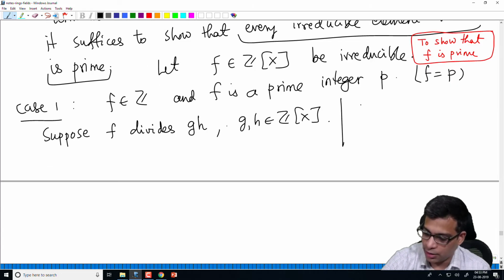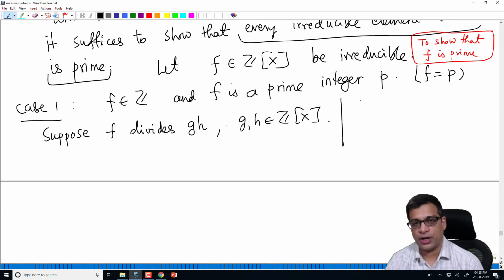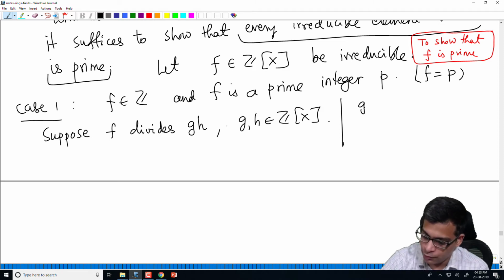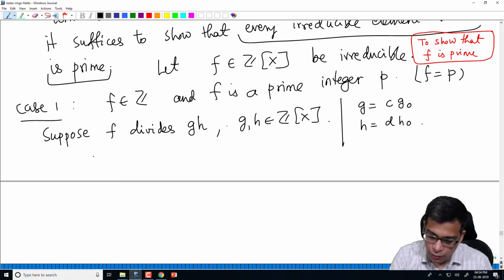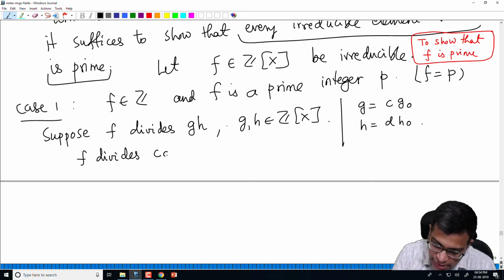Now, using again the big tool for us, that every polynomial can be written as a content times a primitive polynomial, we do that here. g is equal to c g0, h is equal to d h0. So now f divides gh, that means f divides c d g0 h0, right?